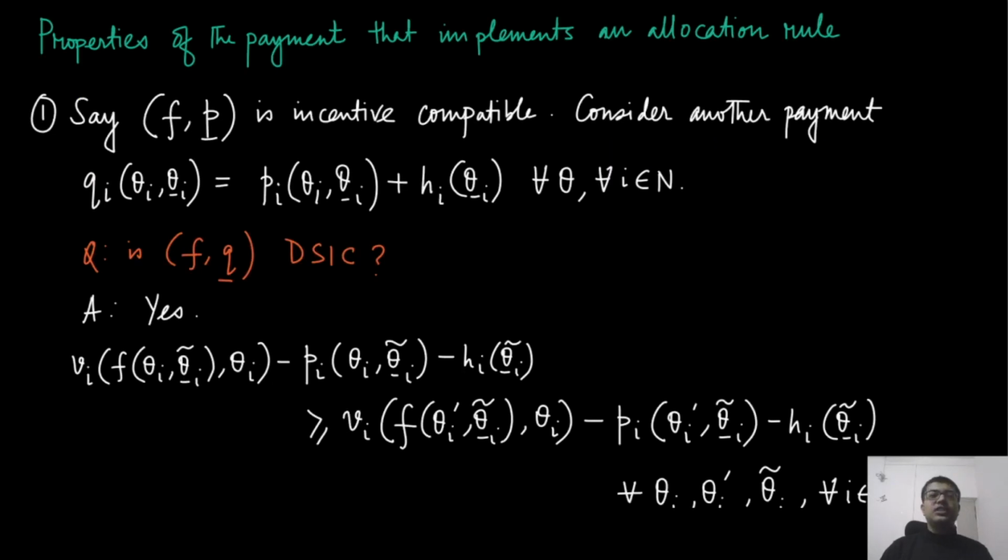So let us now discuss a couple of properties of the payment that implements an allocation rule. So let us say that this mechanism f comma p is incentive compatible.